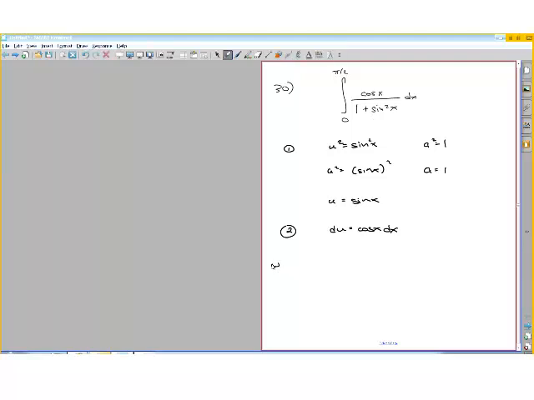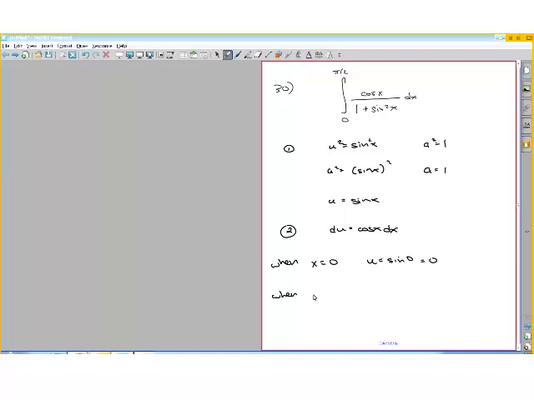So when x equals 0, u equals the sine of 0. So use the sine of x, plug in x equals 0, and the sine of 0 is 0.